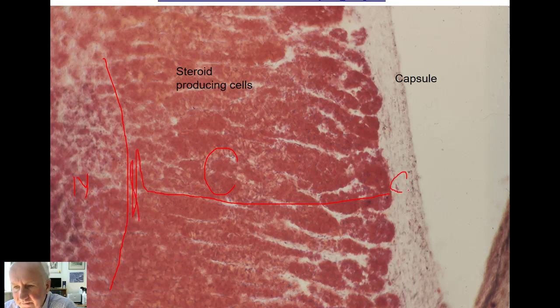This is a capsule. And this time you see by oil red, this is a dye which can show you lipid droplets in the cytoplasm of cells. And why am I starting to speak about lipid droplets? Because the cells, of course, are producing steroid hormones in the cortex.